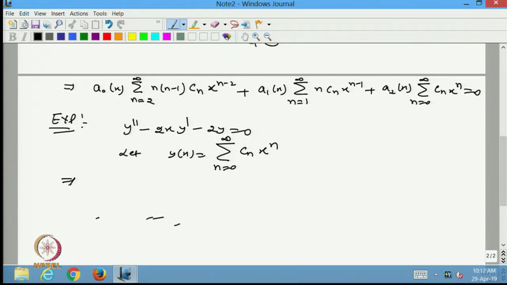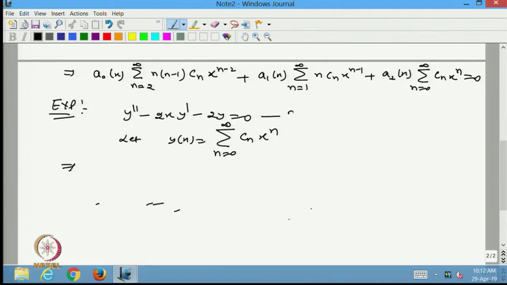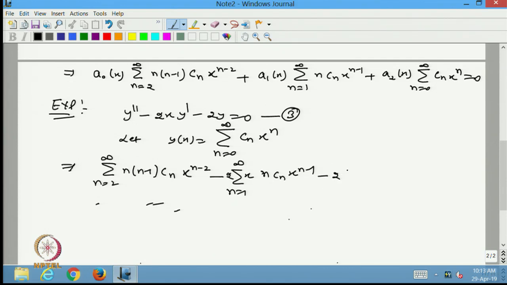From here, this equation, which I can call number 3, can be written as the summation n from 2 to infinity of n minus 1 Cn x^(n minus 2), minus the summation n from 1 to infinity of 2x n Cn x^(n minus 1), minus 2 times the summation n from 0 to infinity of Cn x^n, equal to 0.